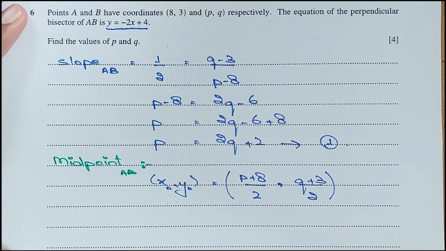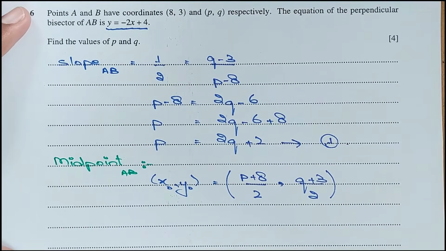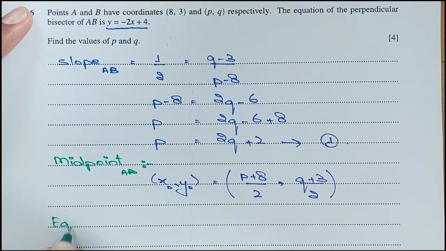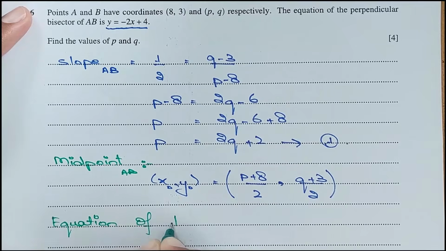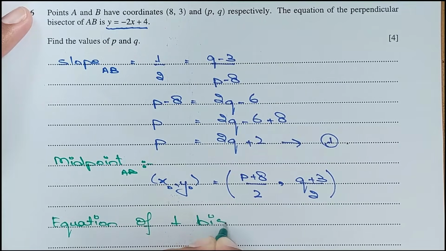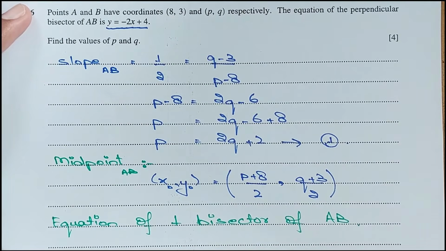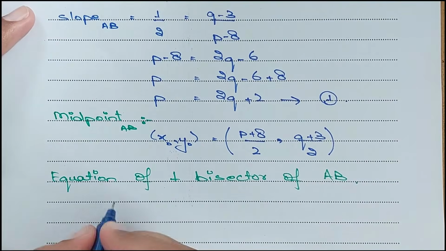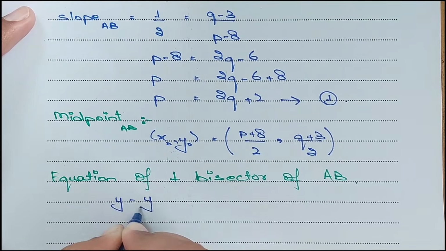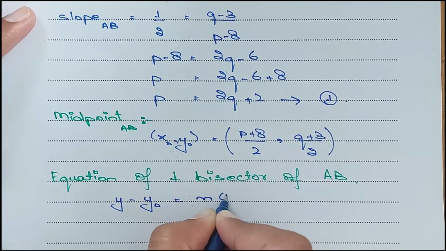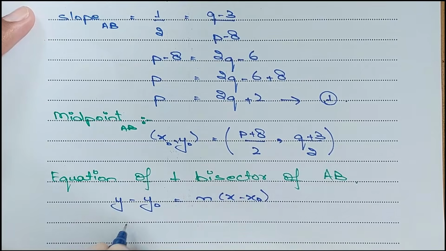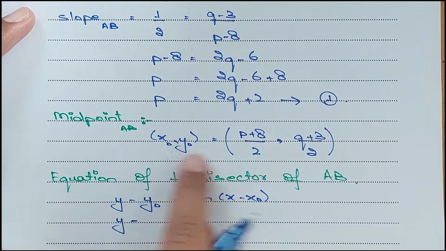And for the equation of the perpendicular bisector of AB, we can write this equation as y minus y0 is equal to m into x minus x0, right? Y minus, what is y0?